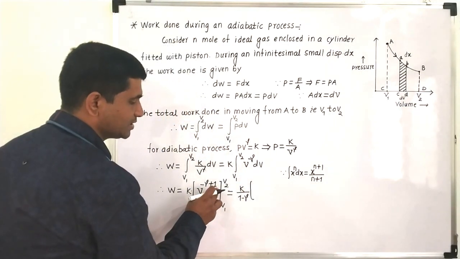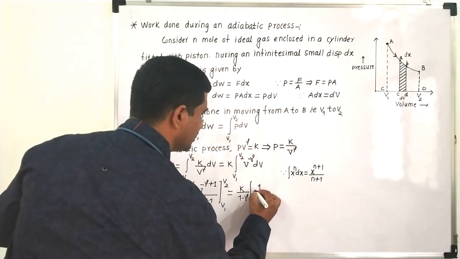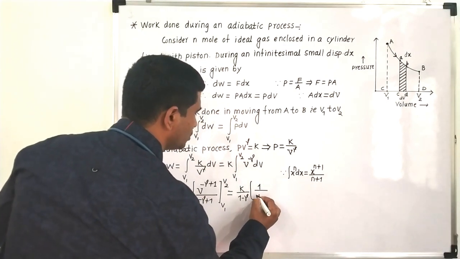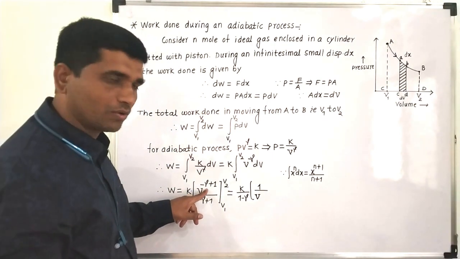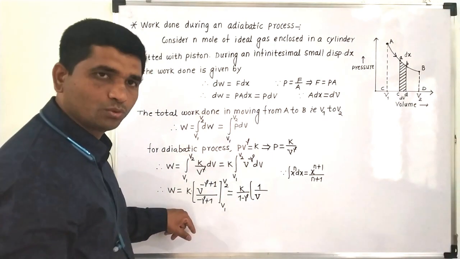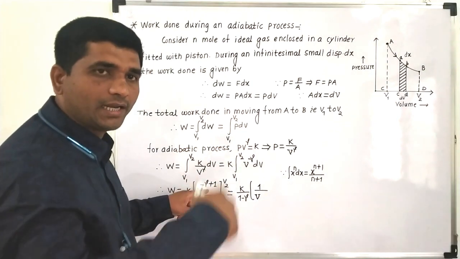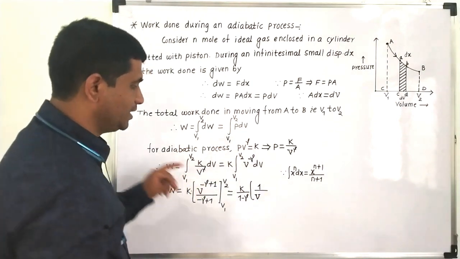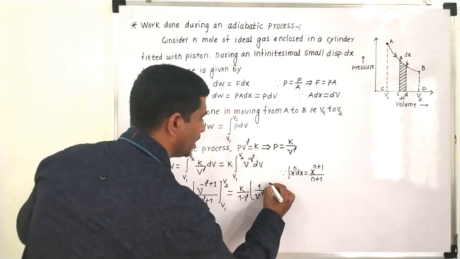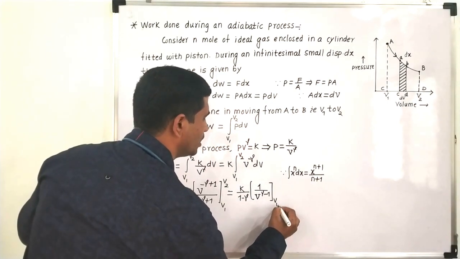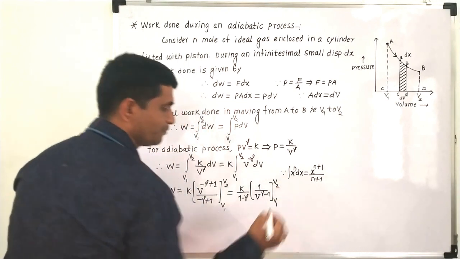And v raised to minus gamma plus 1 I can rewrite by transferring to the denominator: if any power function is on the numerator and I transfer it to the denominator, its power gets a minus sign. So minus gamma becomes plus gamma, and plus 1 becomes minus 1, and the limits of integration remain as they are, from v1 to v2.